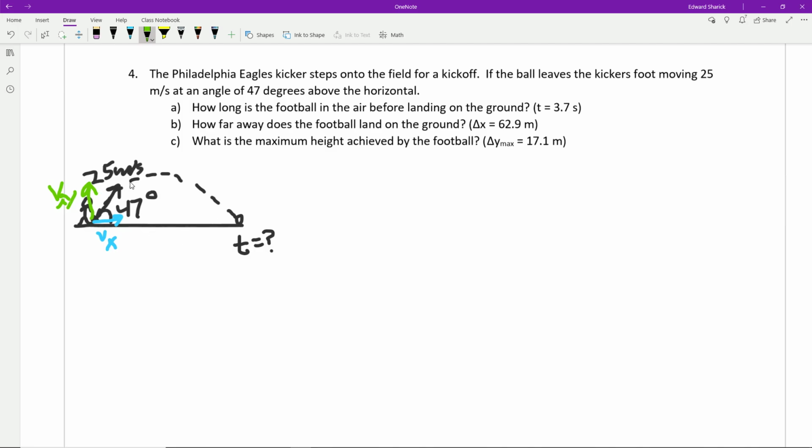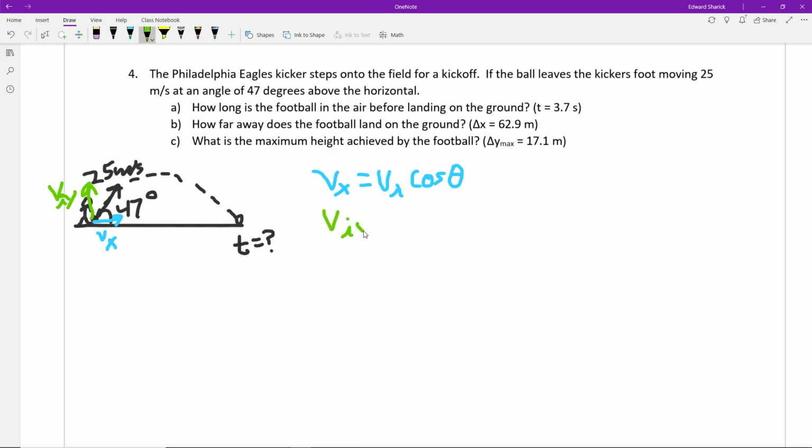Okay. So we can break this vector of 25 meters per second at 47 degrees into the x and y components simply using our equation for sine and cosine. Vx equals vi cosine of theta, and then vy, which in this case is going to be viy.